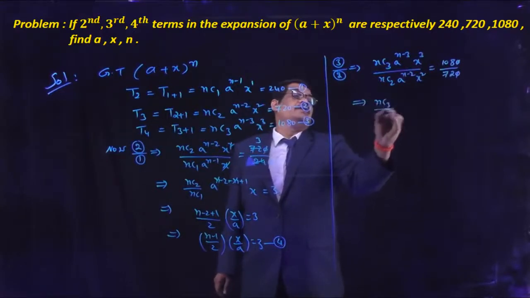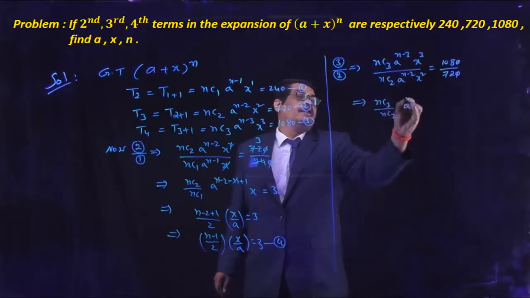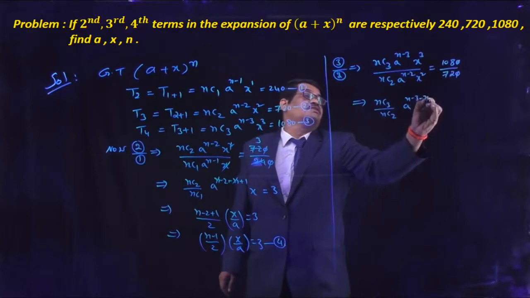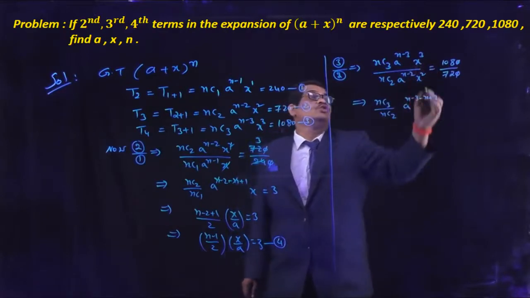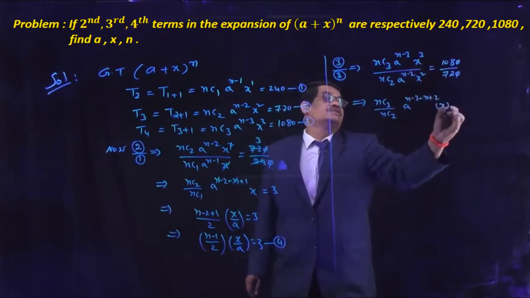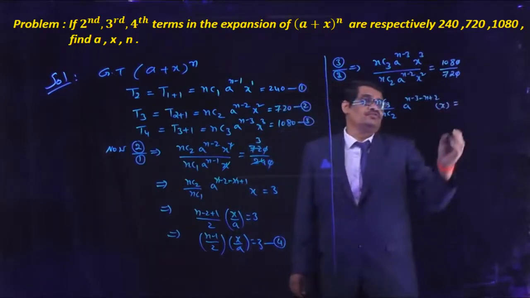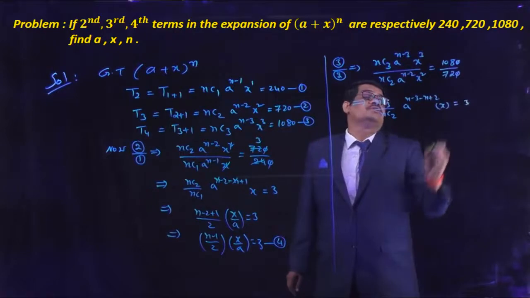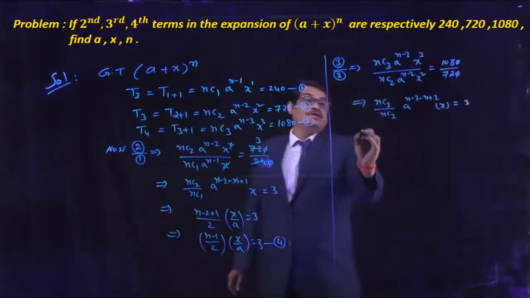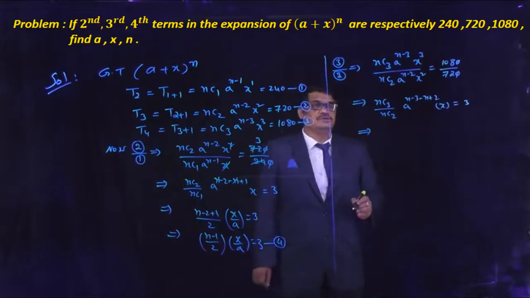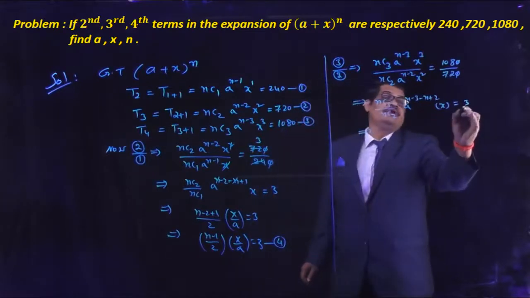So if we write here nC3 by nC2, here a to the power of n minus 3, moving to numerator minus n plus 2, here x cube by x square, that is x, is equal to, here 72 three times will be cancelled. That implies we are getting 3 by 2.